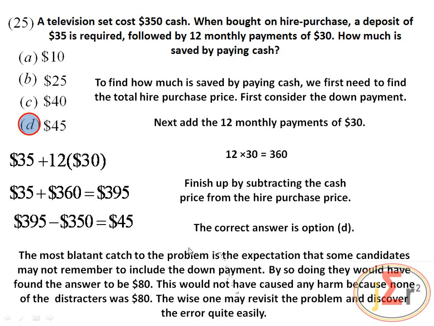Students get 80, they would want to check to see where they made the mistake, and that would not turn out to be so harmful. The only cost will be the time that it takes to go back through the entire problem.